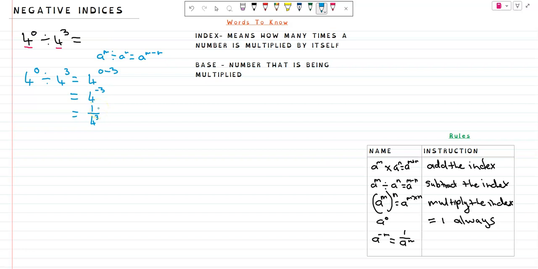Okay. So let's look at another example of how we can use this rule to actually solve an equation. Our question is: simplify the following.